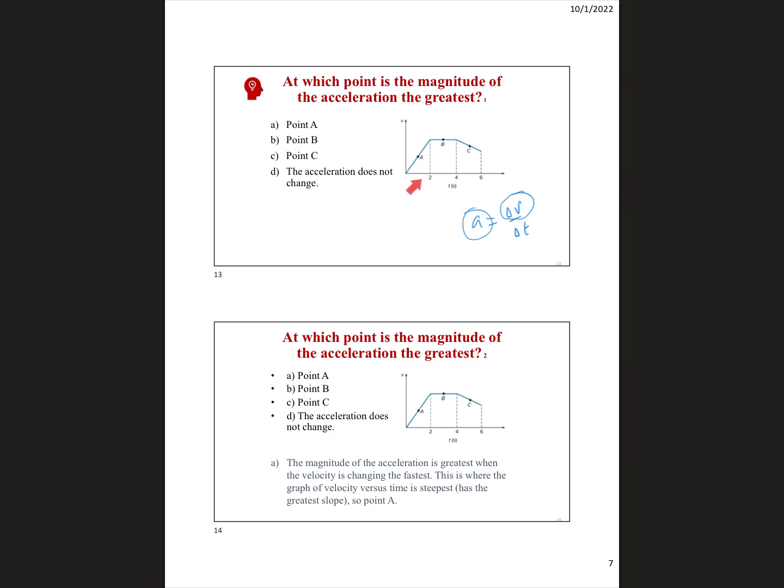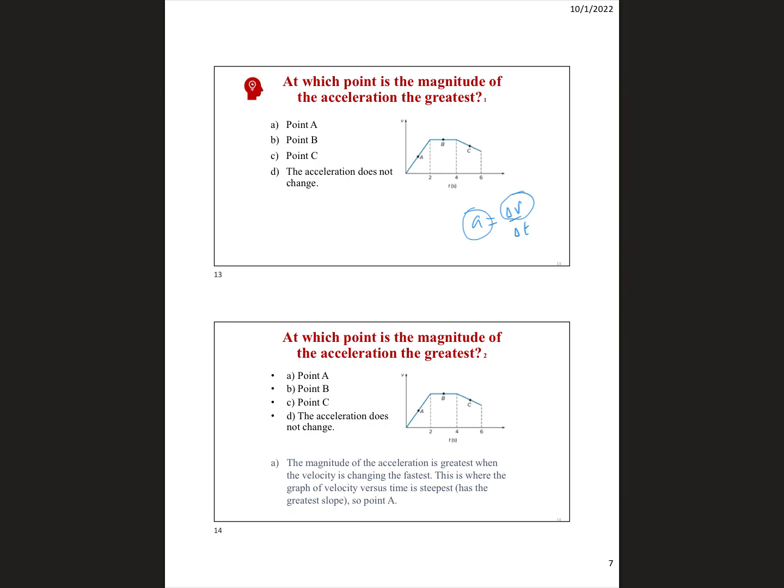There are 2 seconds here, 2 seconds in this section, and from 4 to 6 there are 2 seconds. So because delta t is 2 seconds in each section, for the point A, the acceleration is the change in velocity divided by the time.